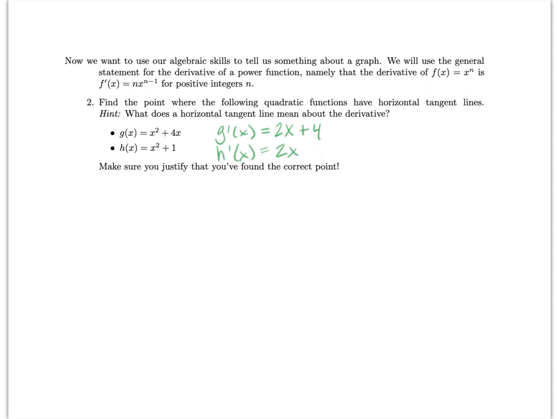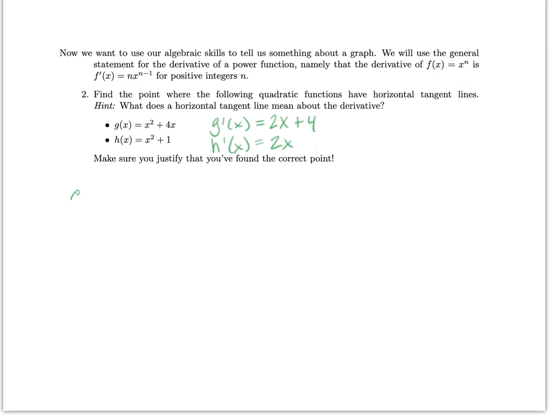So I want to know where these have horizontal tangent lines. A tangent line is a derivative, and a horizontal line has a slope of 0. So I want to know, where do these derivatives equal 0? Because derivatives are slopes of tangent lines. Where do they equal 0? That's where they'll be horizontal.